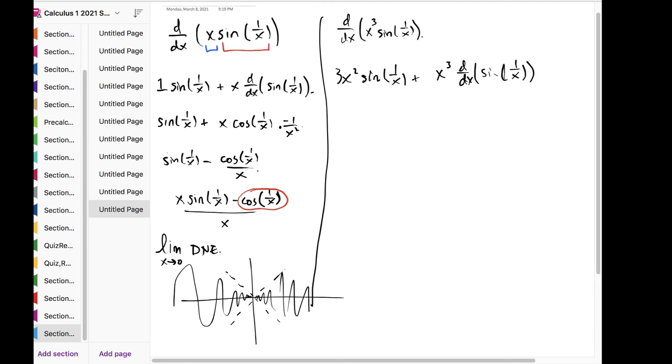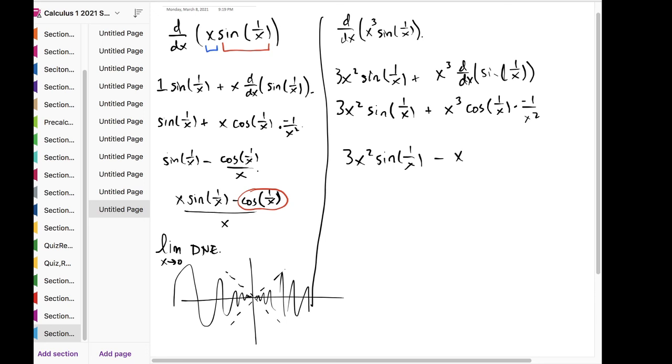So you have 3x squared sine of 1 over x. And then this one is x cubed cosine of 1 over x times negative 1 over x squared. So something interesting happens.